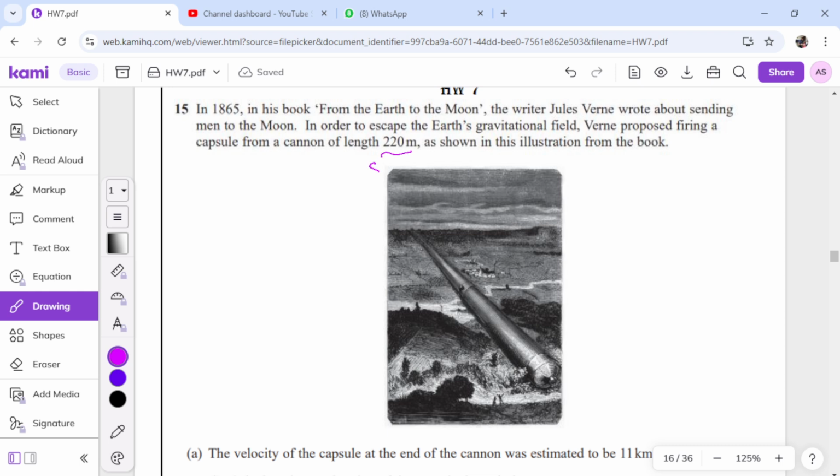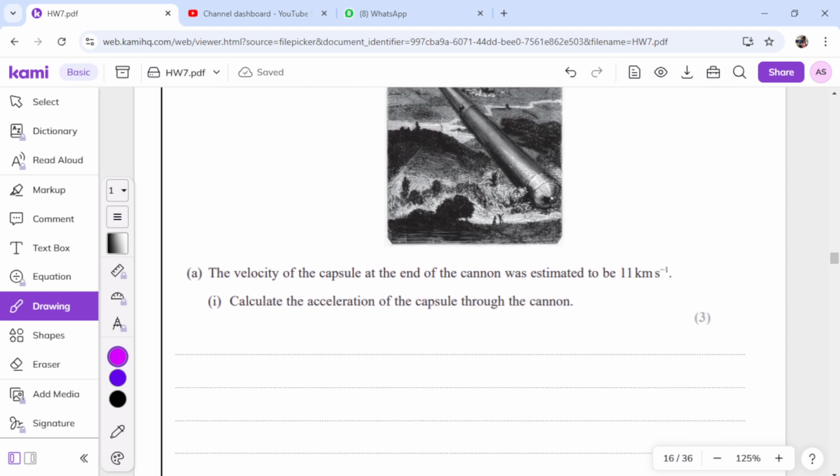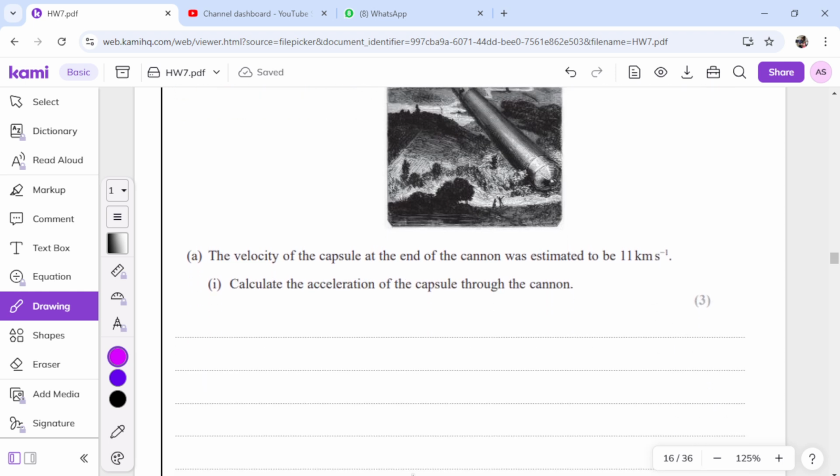So this is the distance as shown in the illustration from the book. So now it will start from 0, moving 220 meters. The velocity of the capsule at the end equals 11 km s^-1. Calculate the acceleration. He asked you to find the acceleration.